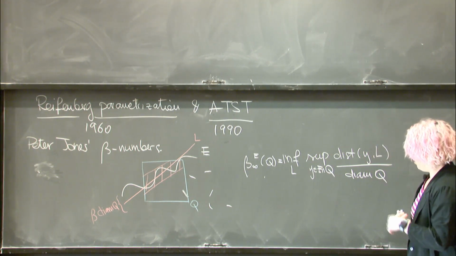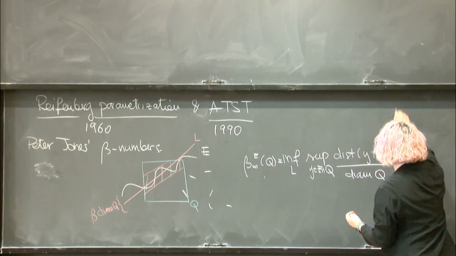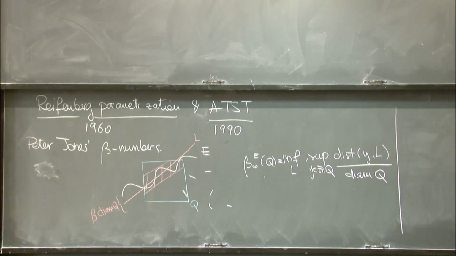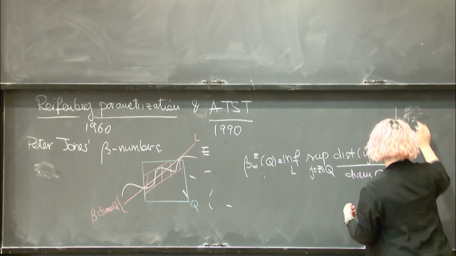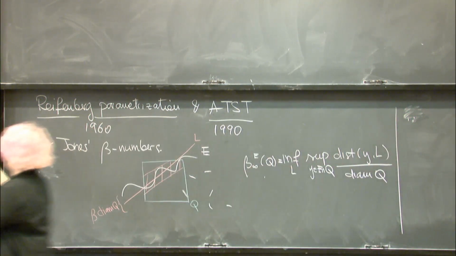OK. And what is the theorem that Peter Jones proved? So I'm going to give you a much worse version than what he actually proved because of time. But I will write it here, actually.